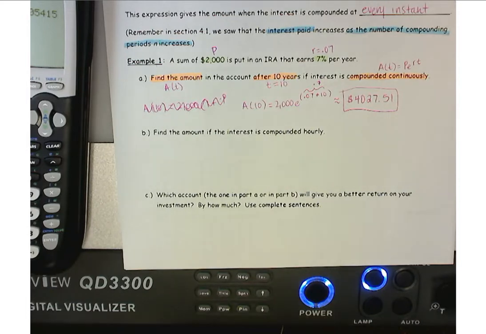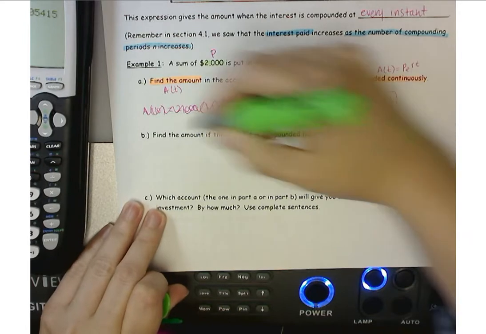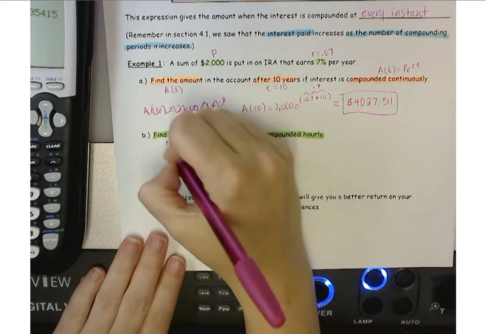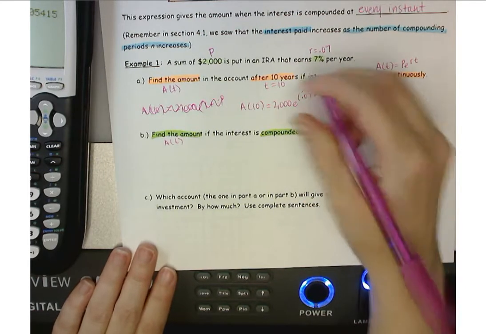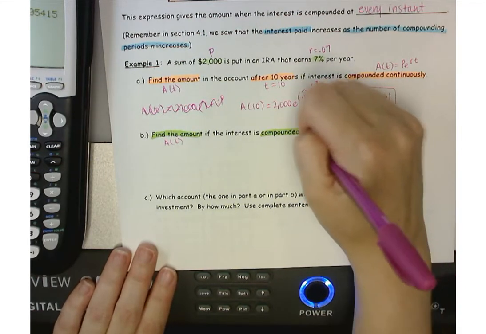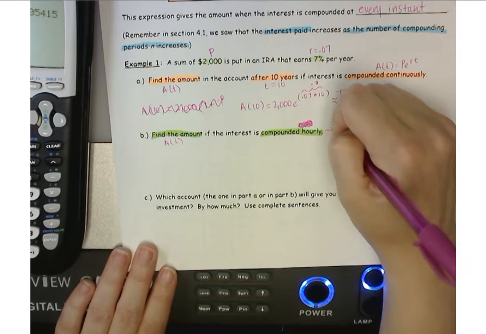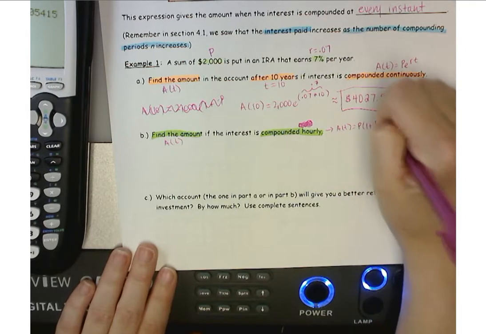Now for B, you're going to find the amount if it is compounded hourly, which means we are not using our continuous formula. This means you're using your A of t equals P times 1 plus r over n, to the nt power.